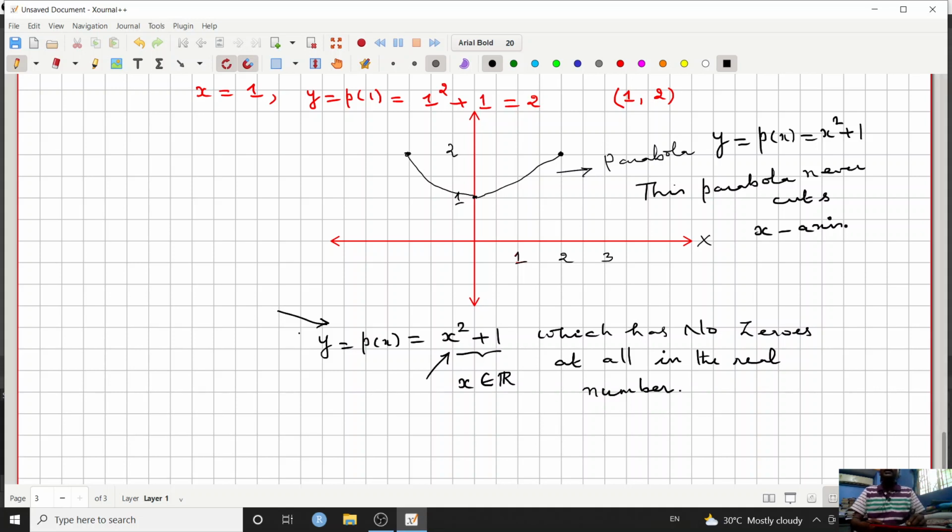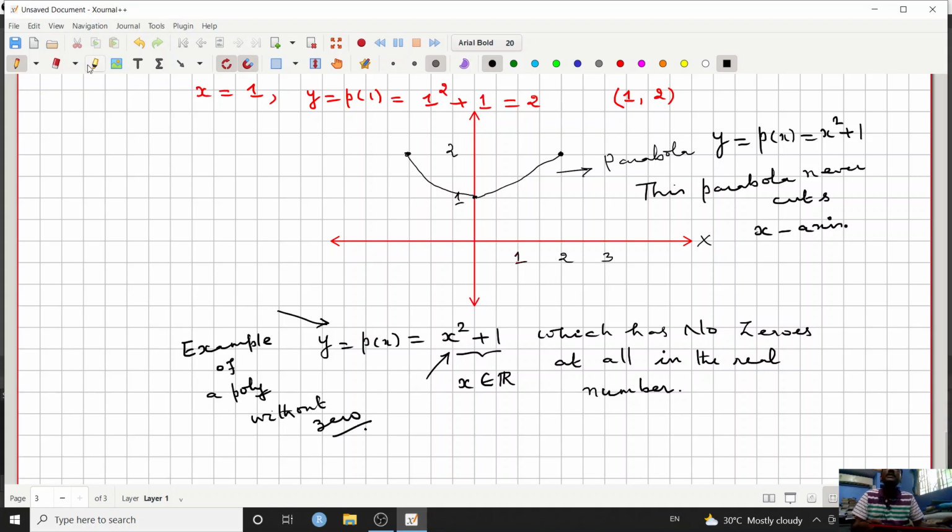So this is a good example to understand that there are quadratic polynomials without zeros. Of course, you can give several examples like this.